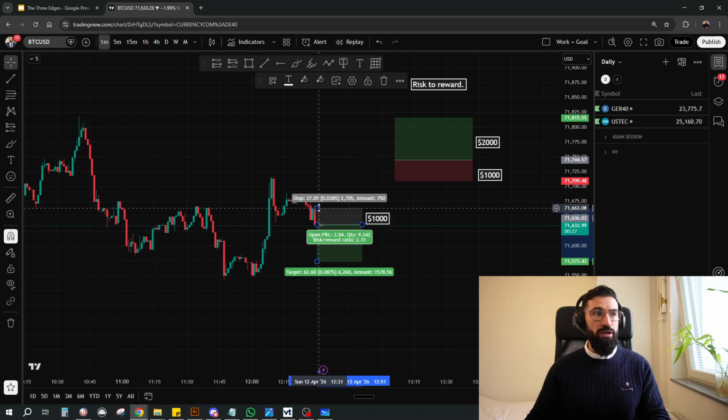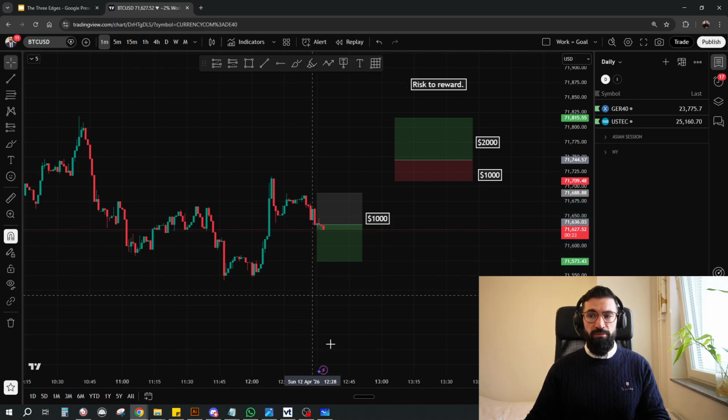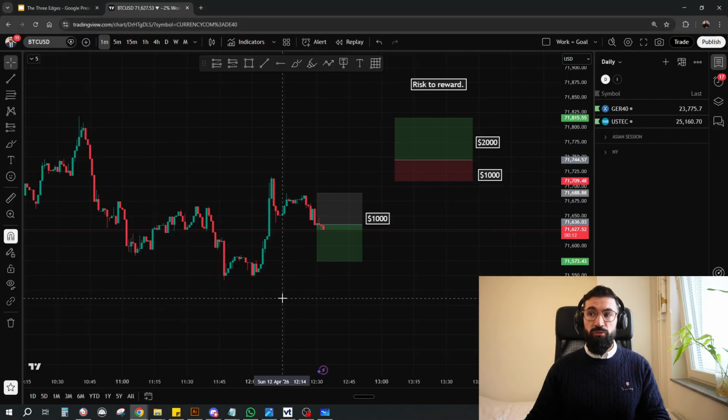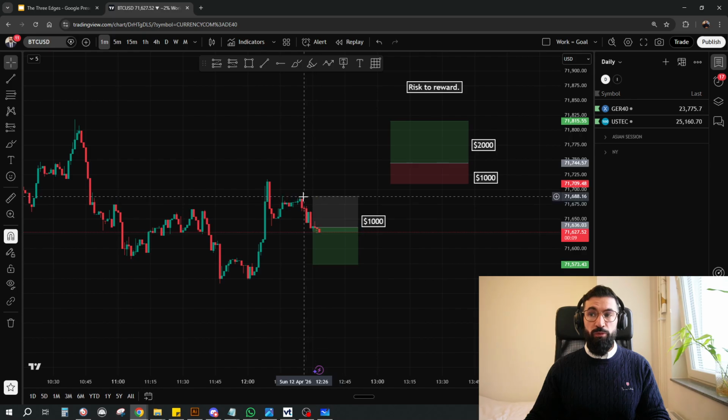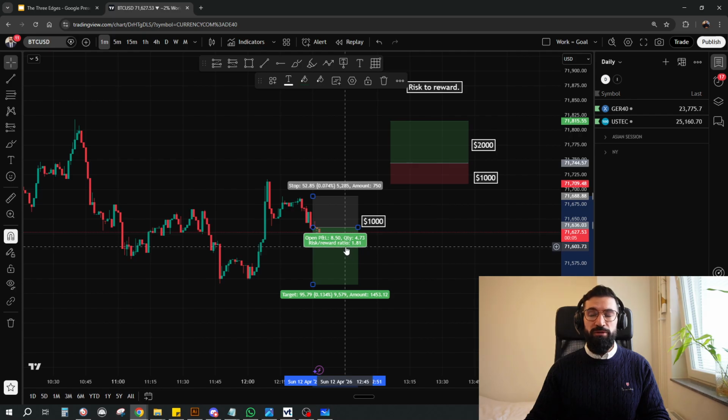So if we move the stop loss area to this area right here, just to make it clear, it doesn't move on the MetaTrader. We need to move this manually. So I'm moving it back. When we move our stop loss area right here, our reward becomes smaller, right?